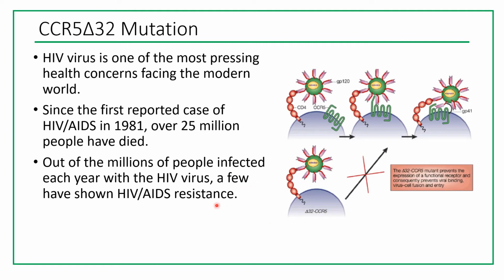So here's another mutation. It's called the Delta 32 mutation. This is a case that has not been researched that well yet, but in this picture you can see special human cells called T helper cells.